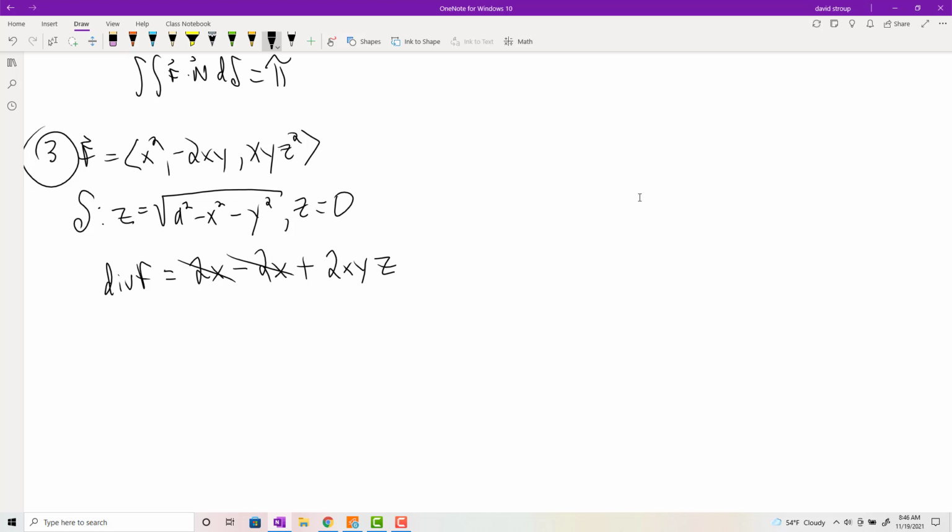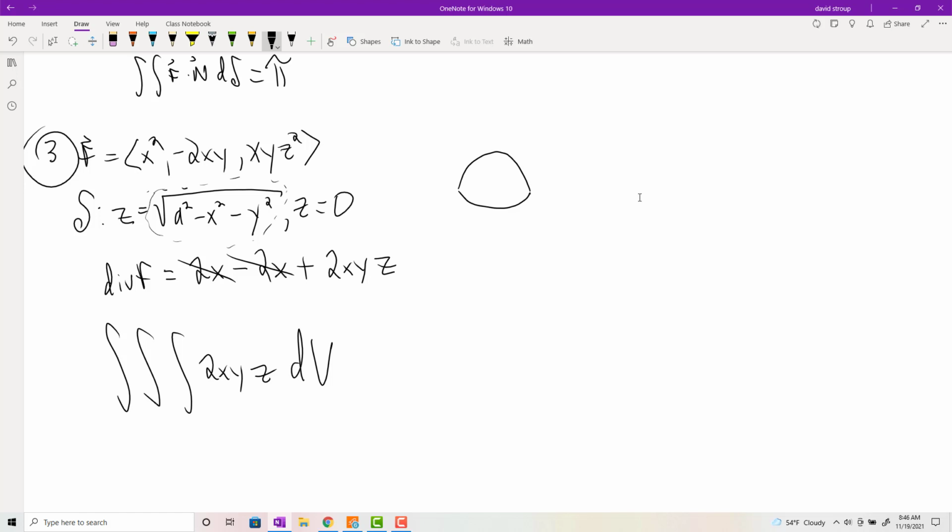So the 2x's cancel, and so we have our triple integral of 2xyz dv, and the region we're looking at is the upper hemisphere of a sphere. So we have basically kind of this picture.